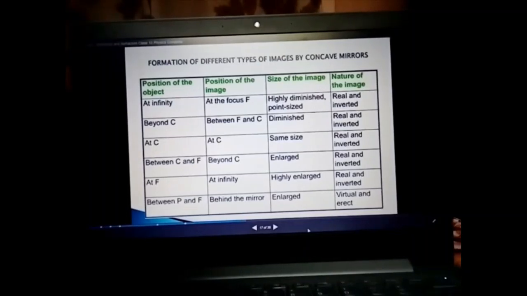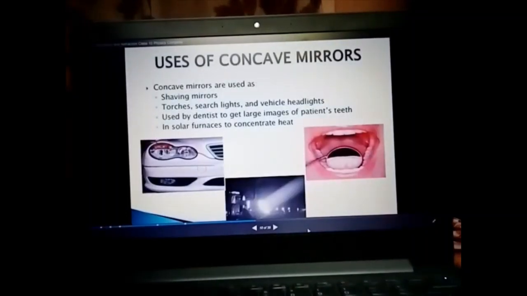Now, next, the uses of the concave mirror. The concave mirror is used as a shaving mirror. It is used in torchlight, searchlight, in vehicles headlight. Concave mirrors are also used by the dentist to get the large image of the patient's teeth.